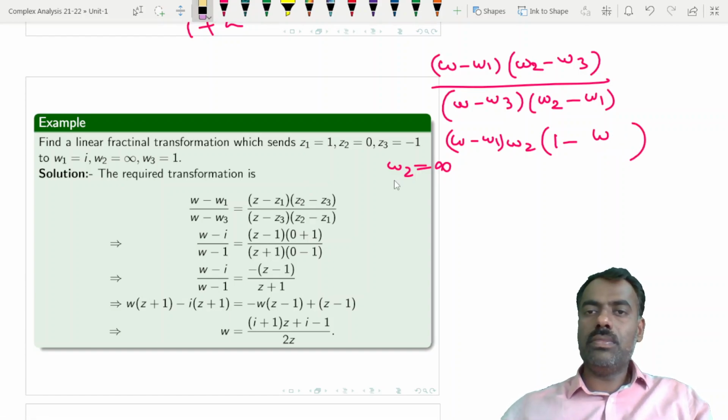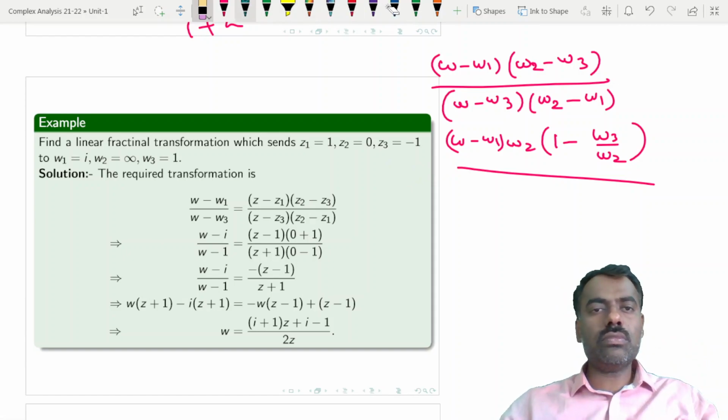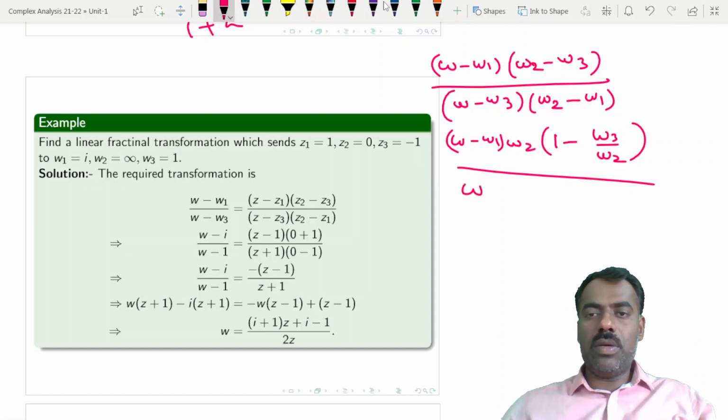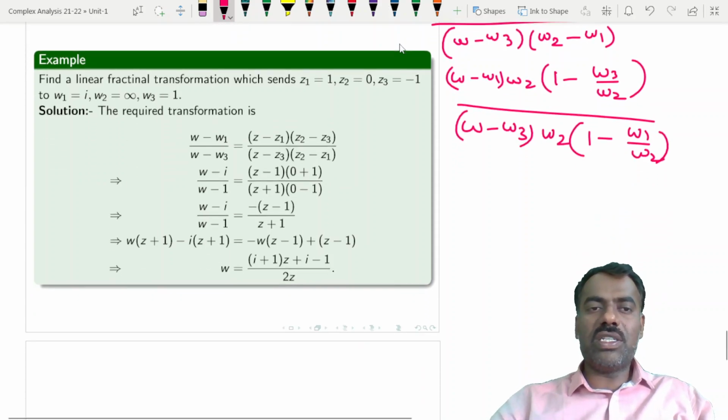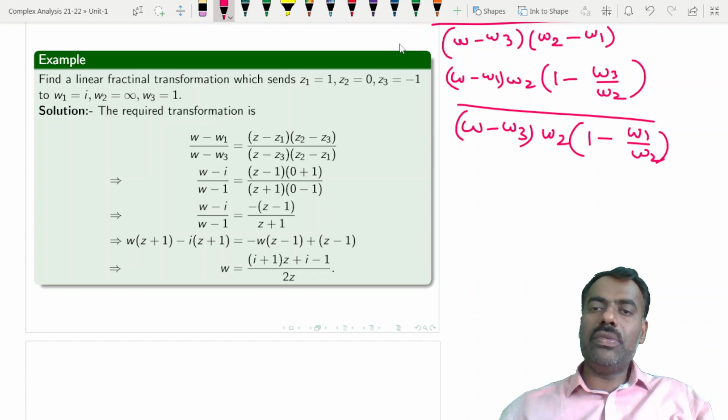Similarly, in the denominator, (w minus w3) into w2, if I take w2 common, then 1 minus w1 by w2. So as w2 tends to infinity, this value tends to 0, that value tends to 0, and w2 will get cancelled.